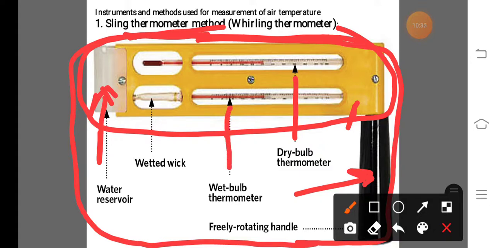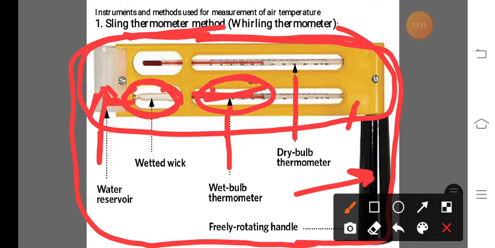The wet bulb thermometer is wrapped with muslin cloth, and this muslin cloth is attached to the water reservoir. Due to this, the wet bulb thermometer is continuously kept moist and cool.